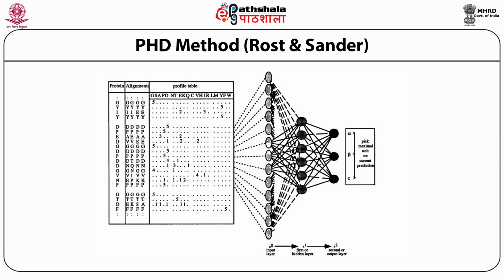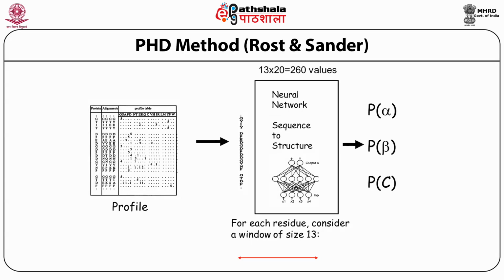So this is an example where you have the data, and then it goes into these complex neural networks, and sequence profiles are also used, increasing the information that can be gleaned. This improves prediction. Again, it gives you a 3-class prediction. So from sequence to structure, it can predict alpha helices, beta sheets, and coils.